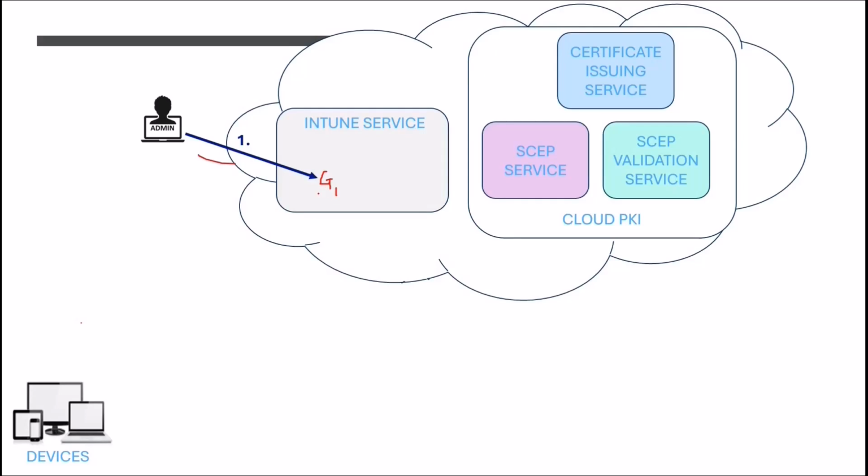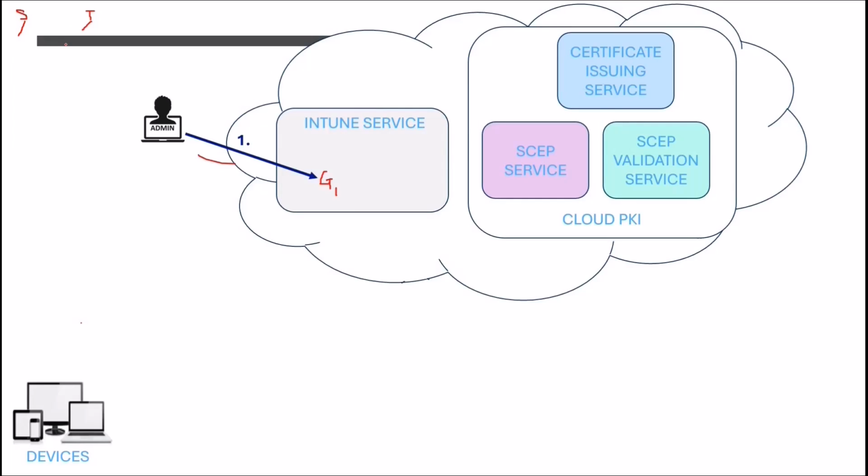One more thing we need to keep in mind is, let's say this is the SCEP profile and this is the trusted root profile. We have to make sure that the SCEP profile and the trusted root profile are assigned to the same group. This is very important.